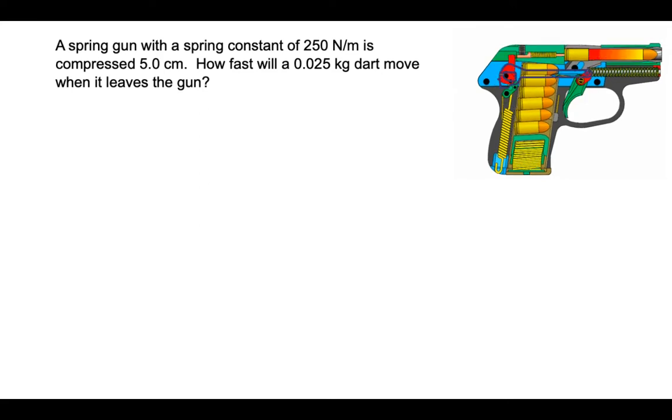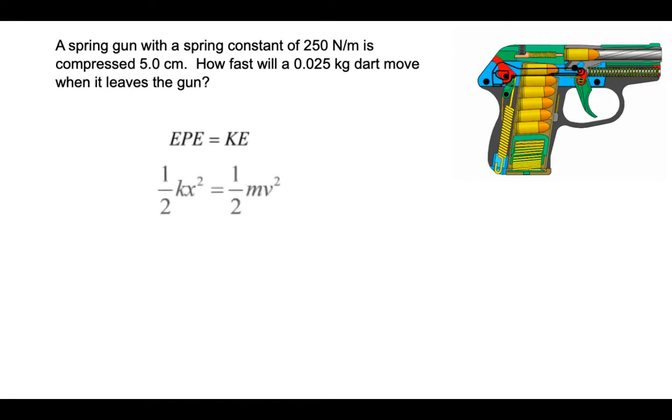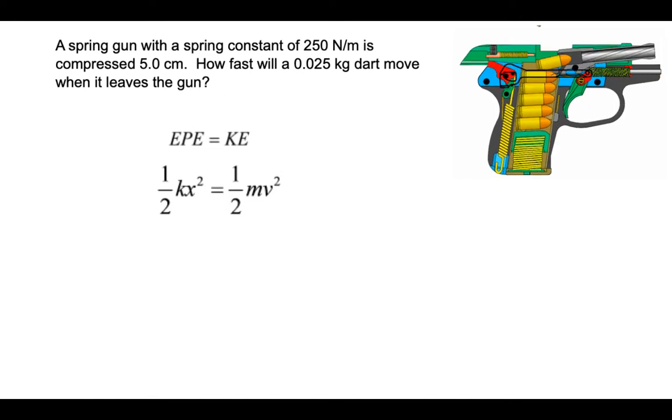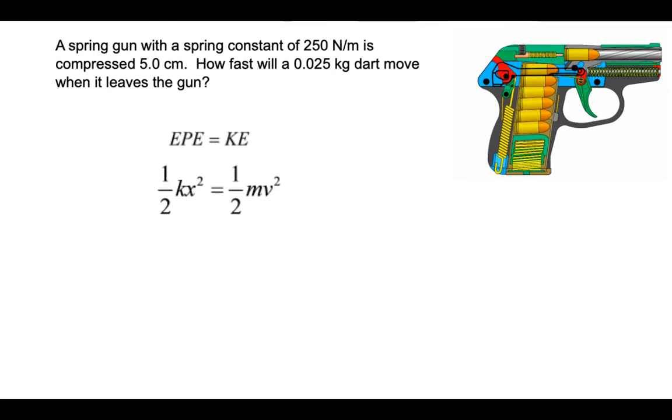We need to determine how fast a 0.025 kilogram dart will move when it leaves the gun. As we said, initially the system has only elastic potential energy, and that's equal to the kinetic energy. Elastic potential energy we know is 1/2 kx squared. Kinetic energy is 1/2 mv squared.